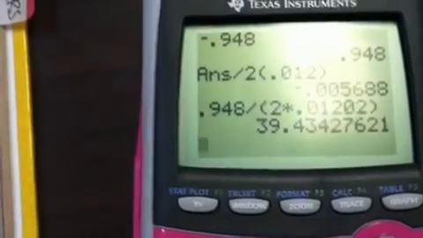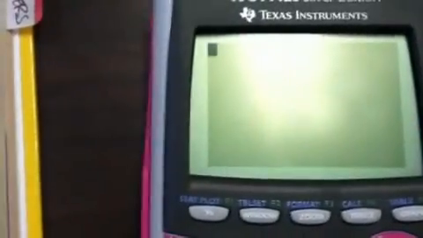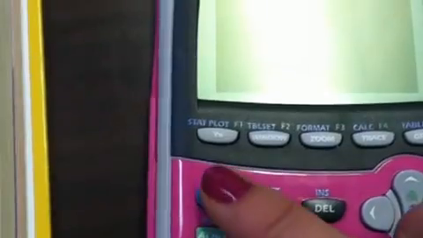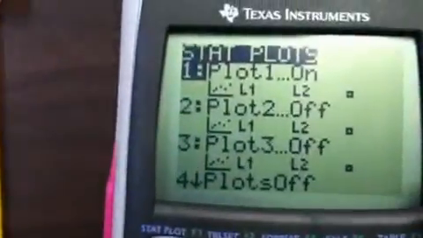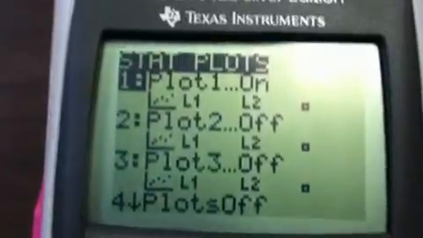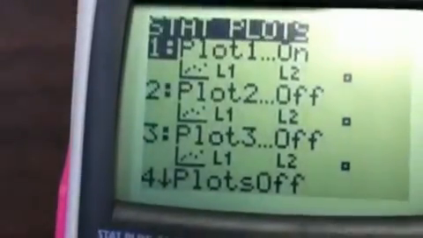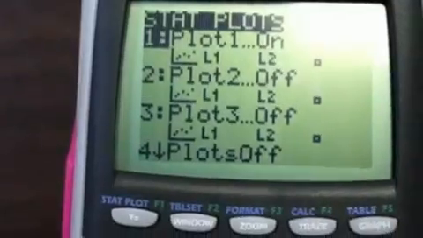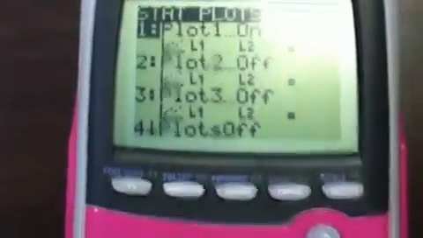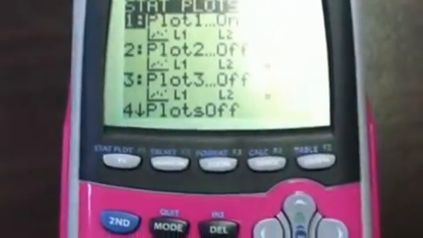First I'm going to turn this on, clear this out, and go to my stat plot. So go to second, stat plot. You notice right now I've got my stat plot on. That is good. If it's off for you, you need to turn it on. Then I'm going to edit my list.